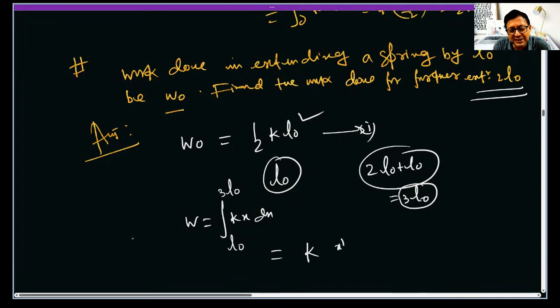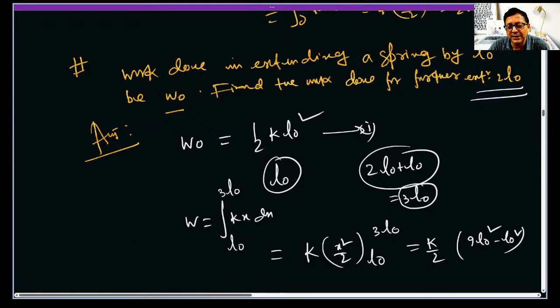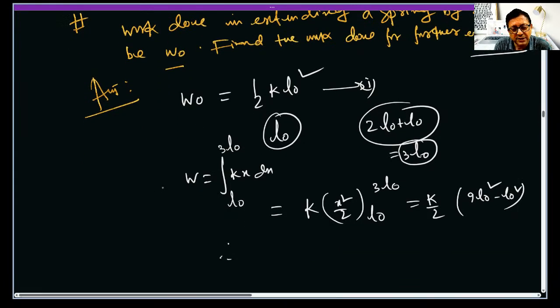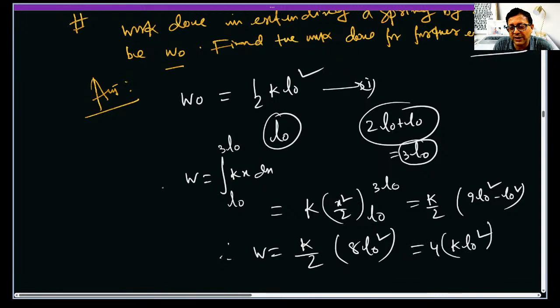K will be outside, integration of x square by 2. So it will be K by 2 into, put 3L0, 9L0 square minus L0 square. So W will be what? K by 2 into 8L0 square, so 4K L0 square.